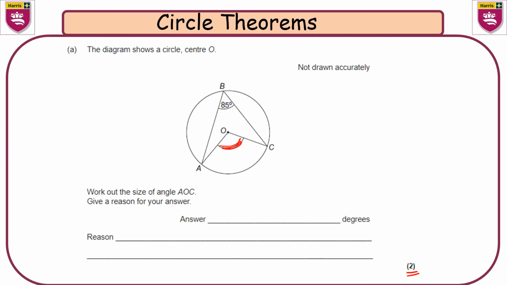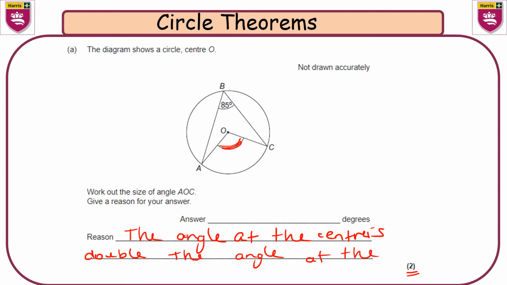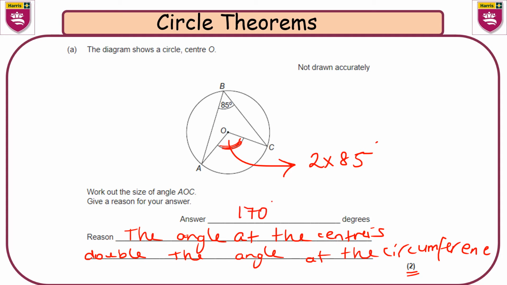We can clearly see that the angle at the center is double the angle at the circumference. Therefore, this here is 2 times 85 degrees, so we've got 170 degrees.